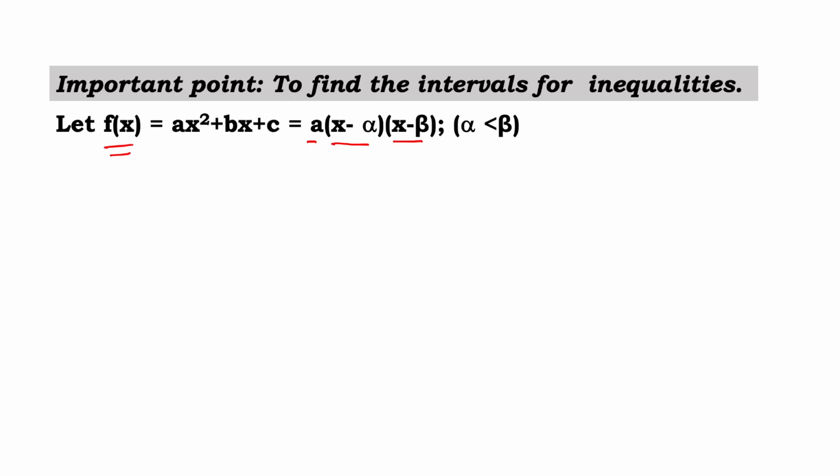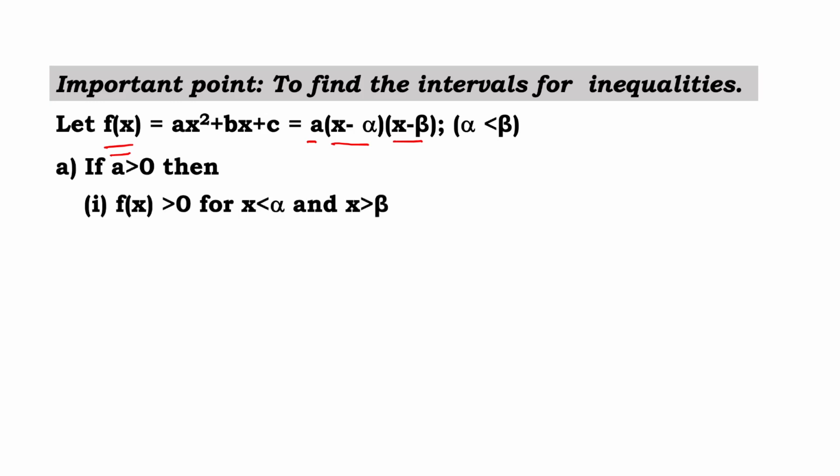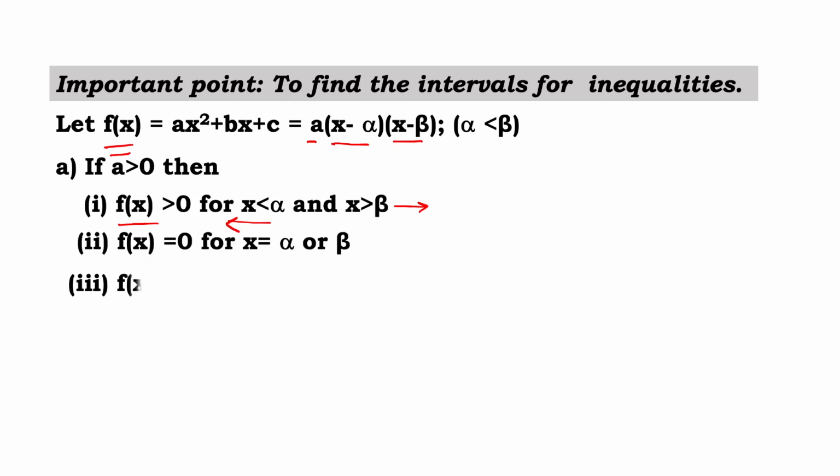Remember this case, a greater than 0: f(x) will be greater than 0 beyond the roots, going from beta to infinity or minus infinity to alpha. Second, it will be 0 at alpha and beta. And third, between the roots, it will be negative. This is the case for a greater than 0.